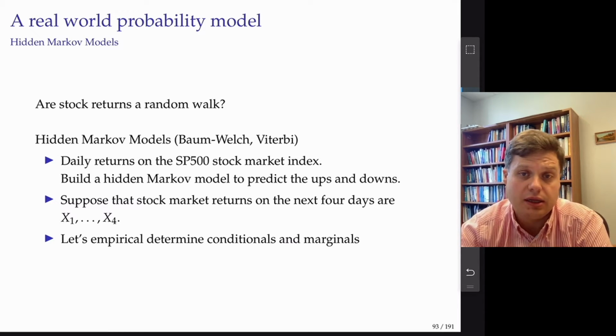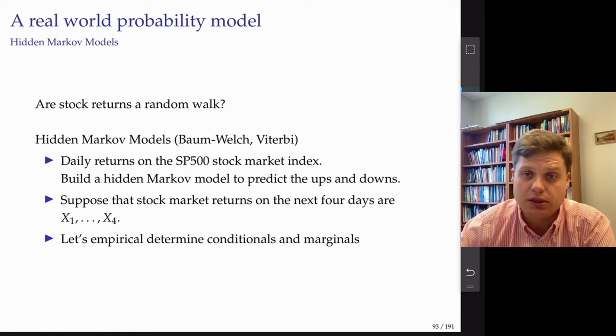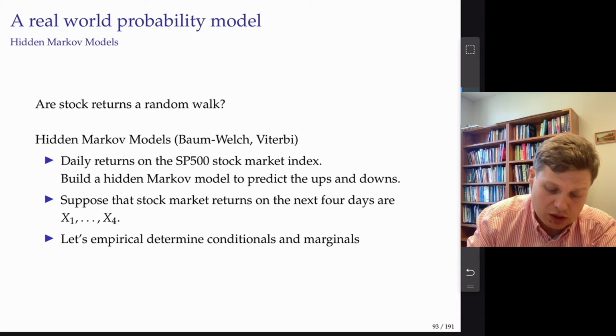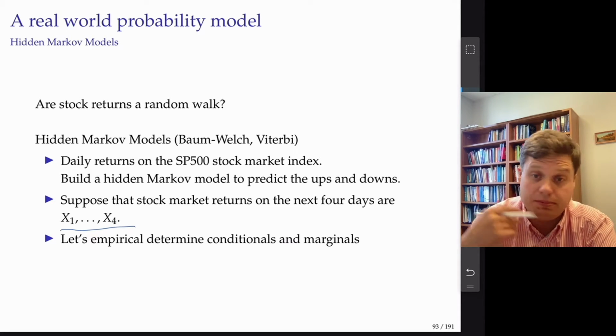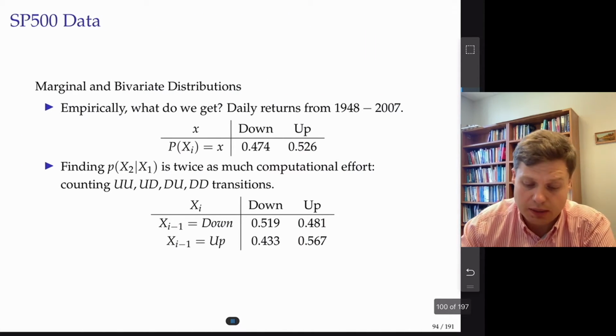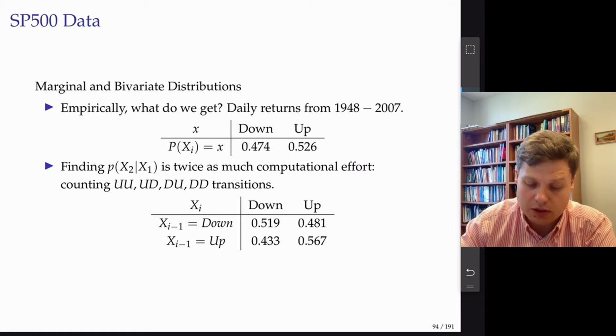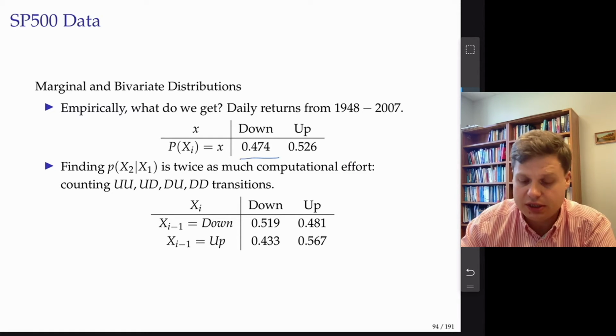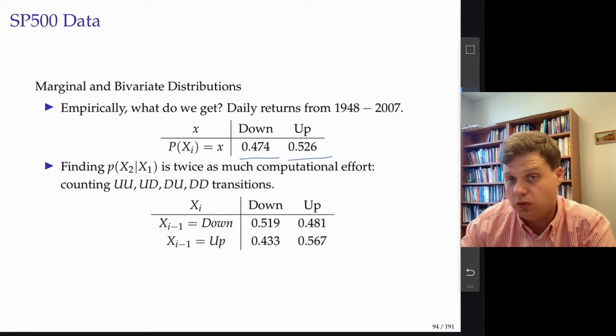Let's say you have stock market returns on 4 consecutive days, x1 through x4, and let's just empirically calculate the conditional distributions. Looking at the marginal probability, the market going down on any given day is 47% and going up on any given day is 52%.